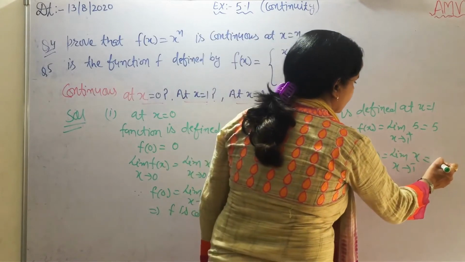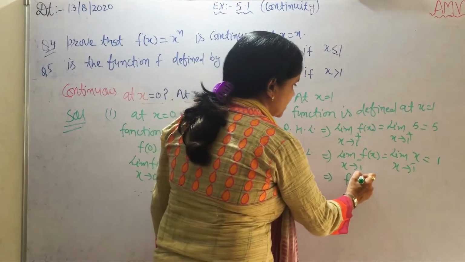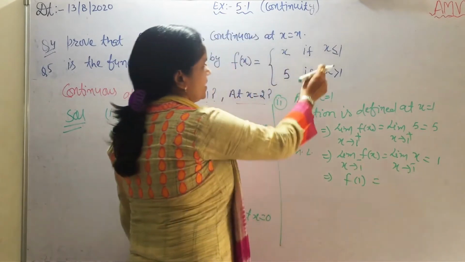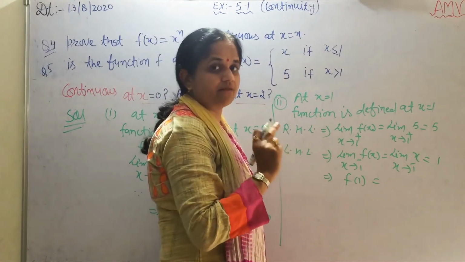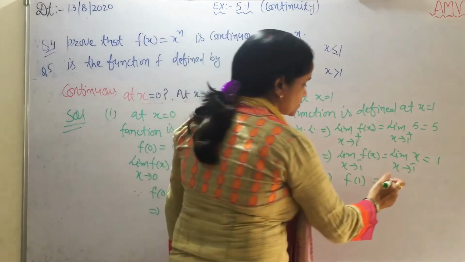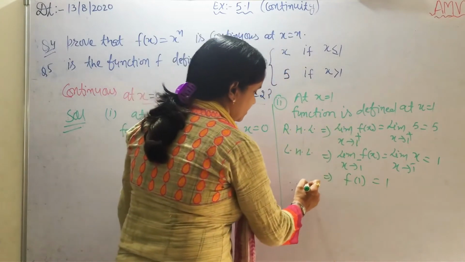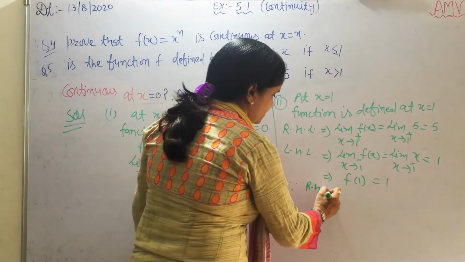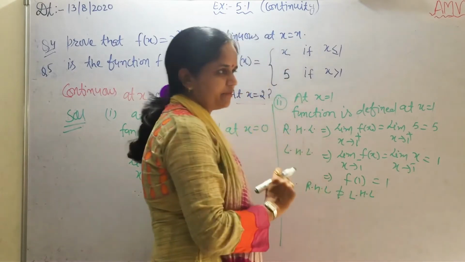You will get 1, and the value of the function is f(1) also. Here f(1) is x, and take 1 in place of x, so you will get 1 only. But here the right hand limit is not equal to the left hand limit.